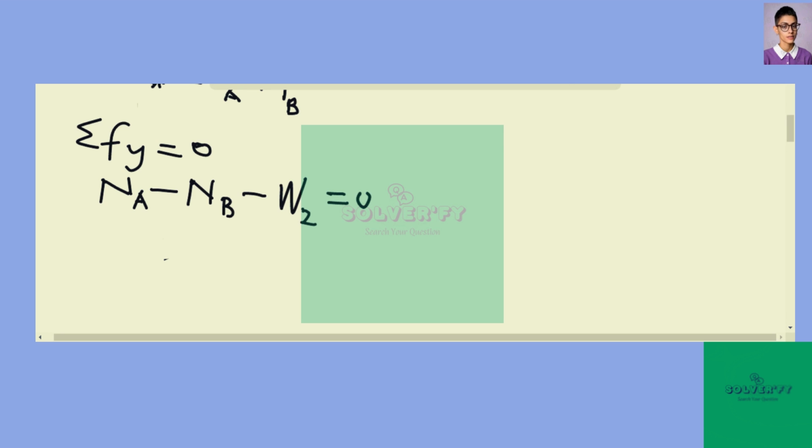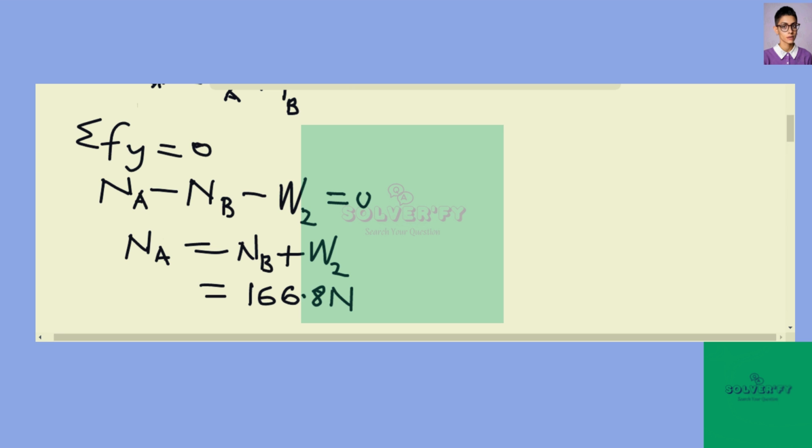Solving this, NA is equal to NB plus W2. Since we know NB and W2, when we add them together, we have 166.8 Newton. That is the value of the normal reaction at point A.